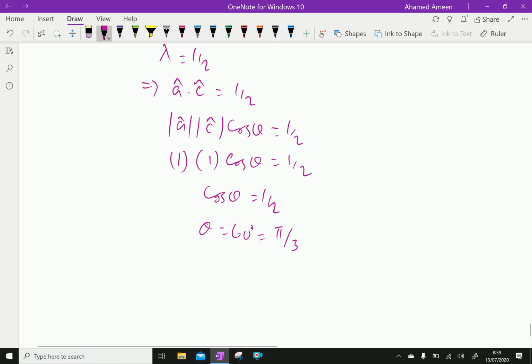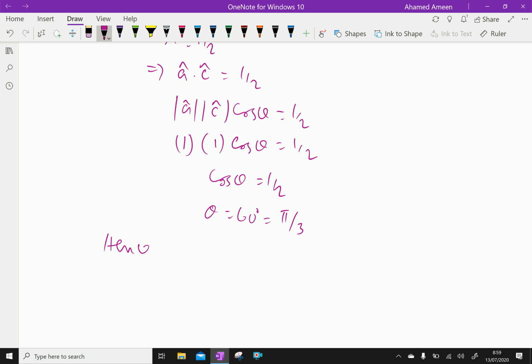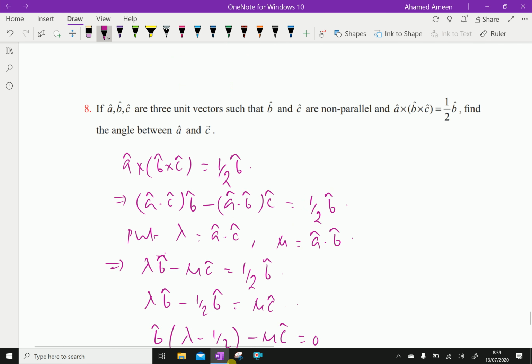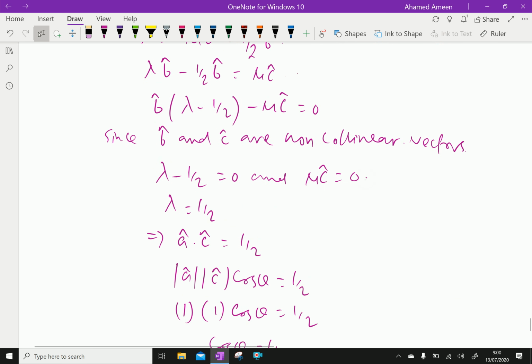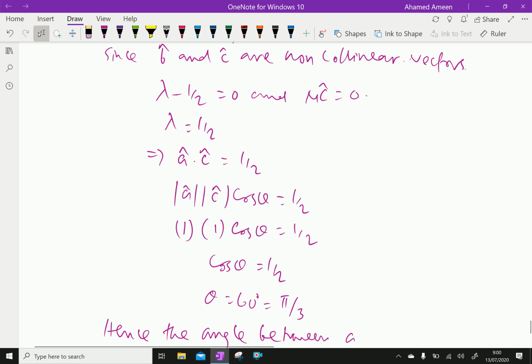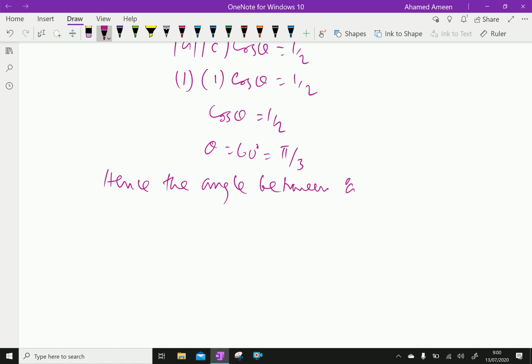Hence the angle between cap vector A and C is pi by 3. We have done.